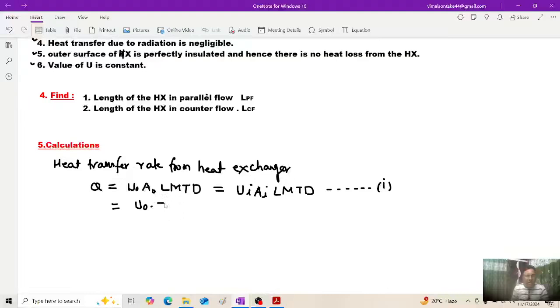So it can be calculated as pi DO L into LMTD is equal to UI AI, the surface area of the heat exchanger based upon inside diameter or radius, into LMTD. Let us say this is equation number 2.